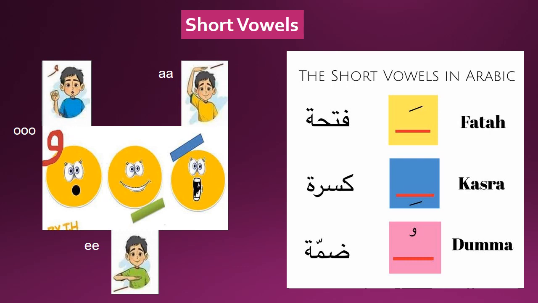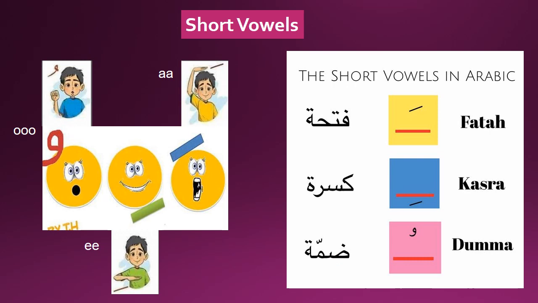Short vowels. Harkaat represent short vowel sounds in the Arabic language. We start with the short vowels and they are fatha, which moves the sound up, a. Kasra, which moves the sound down, e. Dhamma, which moves the sound round, oo. Those of you who are good with the Urdu language would recognize fatha as zabar, kasra as zir, and dhamma as pesh.